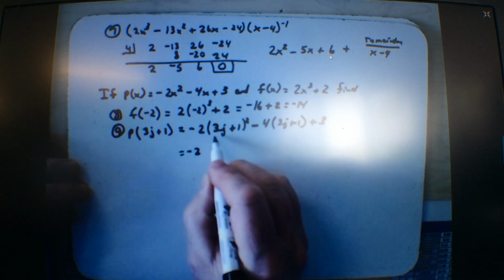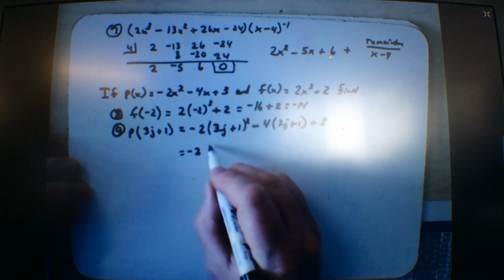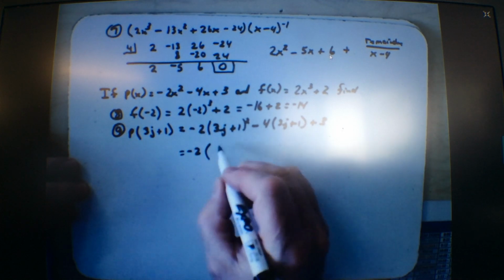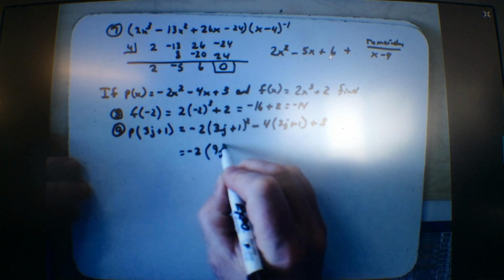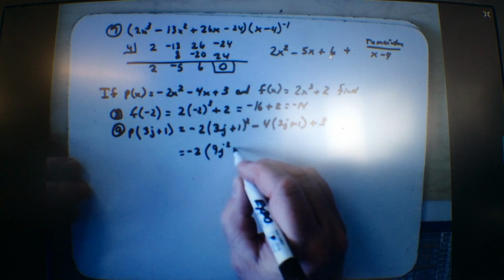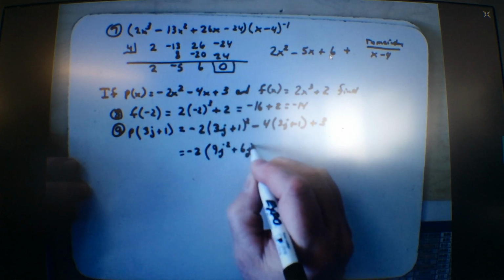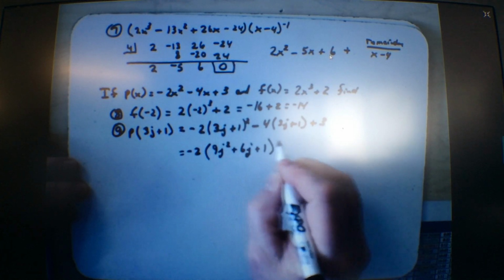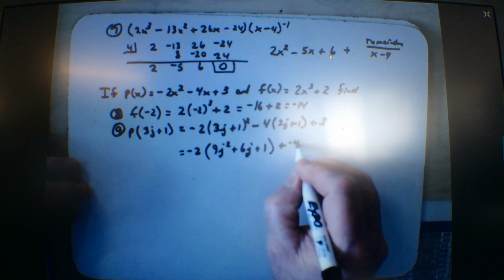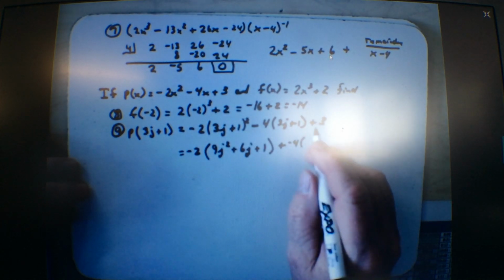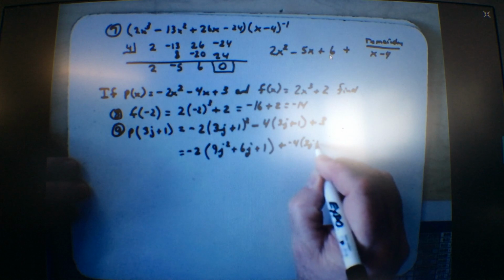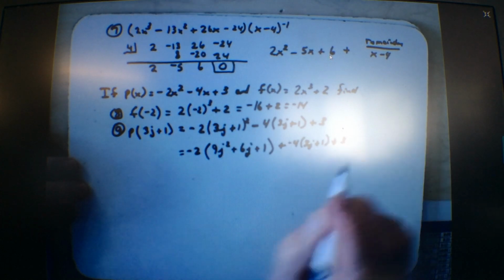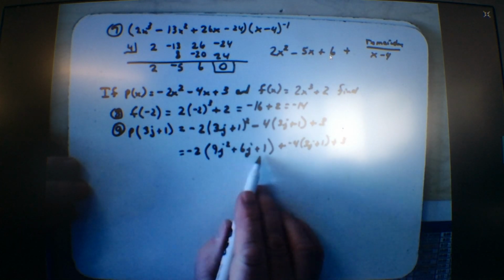So if you FOIL this, I think I can do it in my head. Somebody check me. 9j squared plus 6j plus 1 plus a negative 4 times 3j plus 1. Was that correct? 9j squared plus 6j plus 1? Yeah.